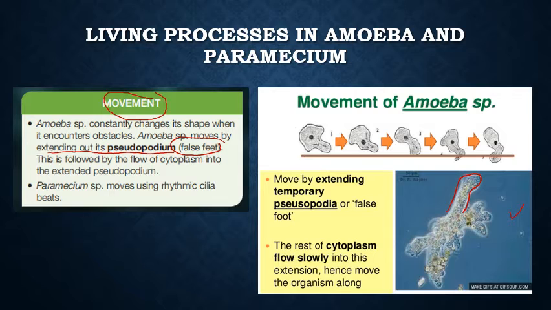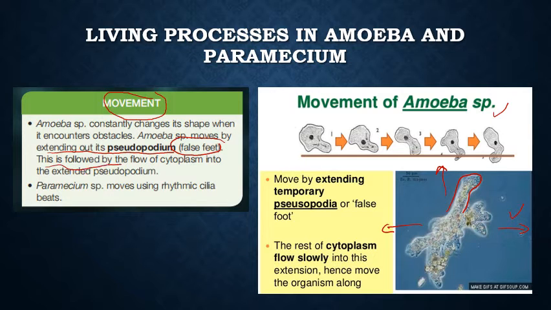This extended part can come from any direction the amoeba wants. For example, if they want to go up, the pseudopodium will extend upward. But if they want to go sideways, the pseudopodium can extend sideways. So it depends on the amoeba.